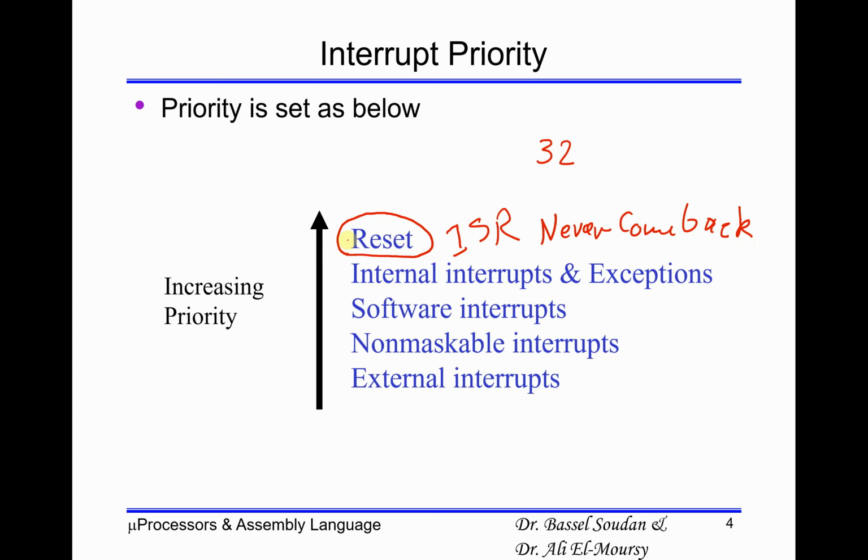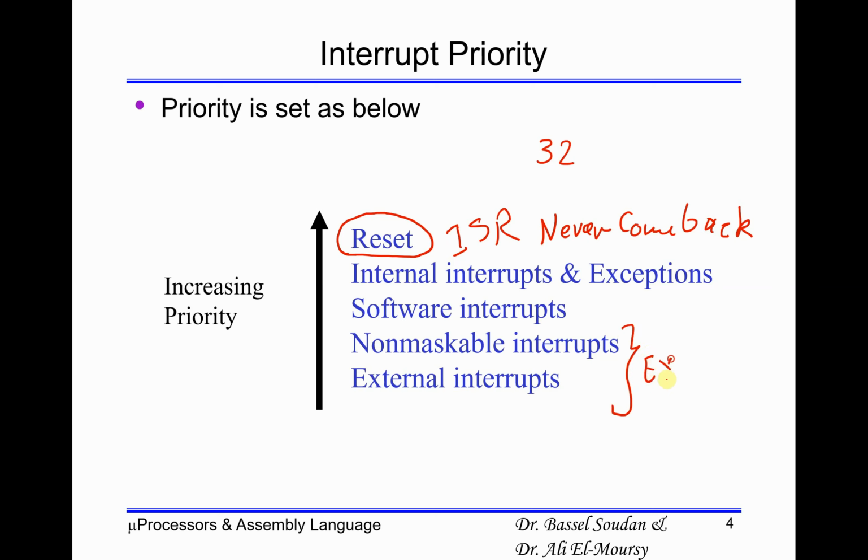We also have different types of interrupts. We have what are called the internal interrupts and exceptions, the software interrupts, the non-maskable interrupts, and the external interrupts. Both the non-maskable interrupts and the external interrupts are external, of two flavors.